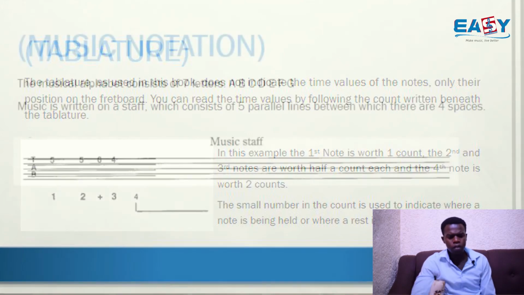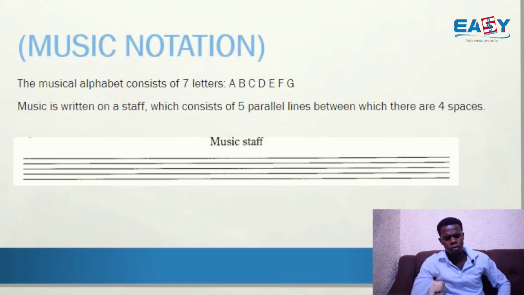The second method of representing music on paper is called music notation. We know that music has seven notes: A, B, C, D, E, F, and G. These are the 7 letters representing the notes we find in music, excluding sharps and flats.